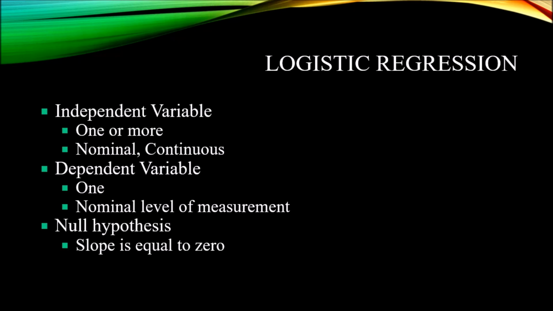So let's say you had a specific treatment program, and the outcome of that treatment program would be failure or success. So just two levels. So your dependent variable is failure or success. You could use continuous variables or nominal variables or both to predict group membership, the probability of being in the failure group or the success group.